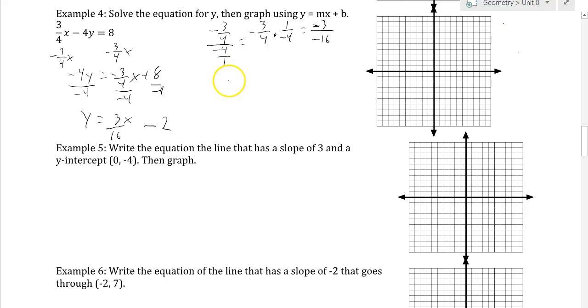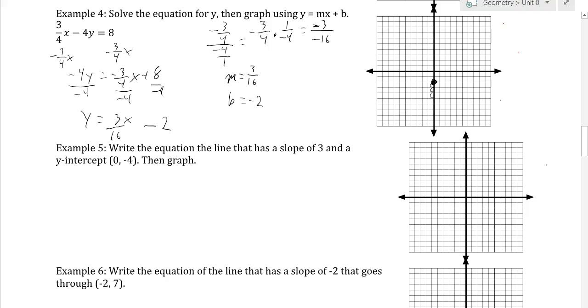So our m is 3/16. Our b is negative 2. So our starting place is negative 2. 3/16 is lame, because when we go down 1, 2, 3, we go over 16.